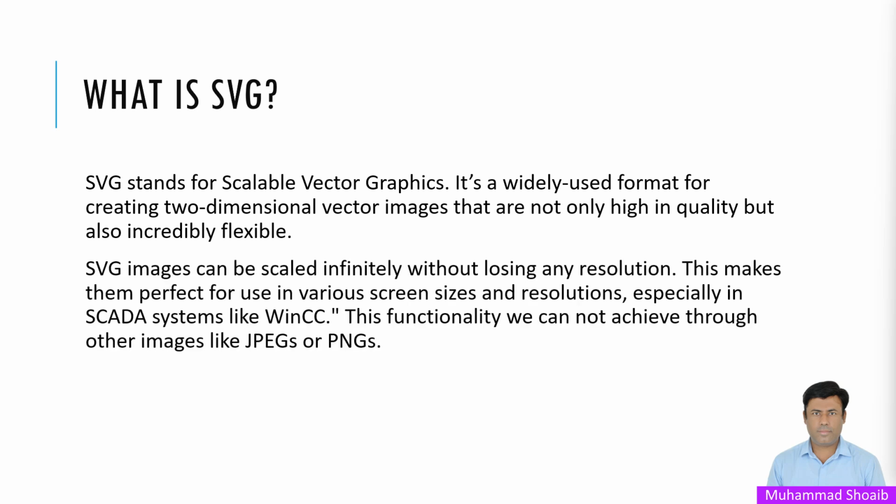SVG images can be scaled infinitely without losing any resolution. This makes them perfect for use in various screen sizes and resolutions, especially in SCADA systems like WinCC. This functionality we cannot achieve through other images like JPG or PNG.